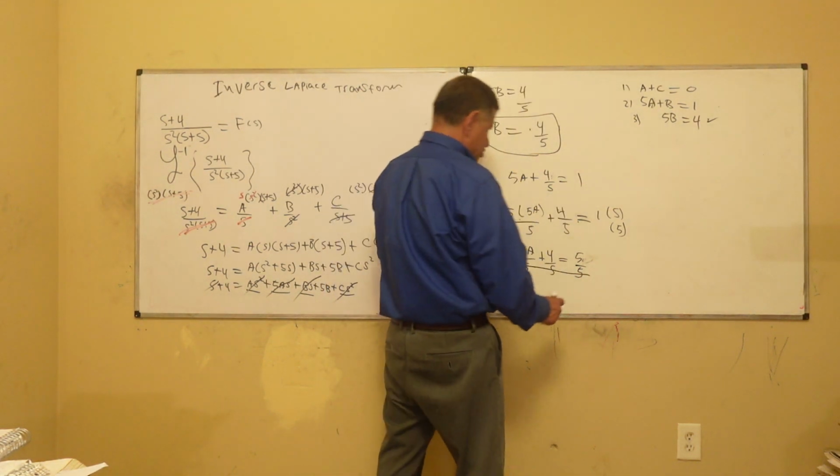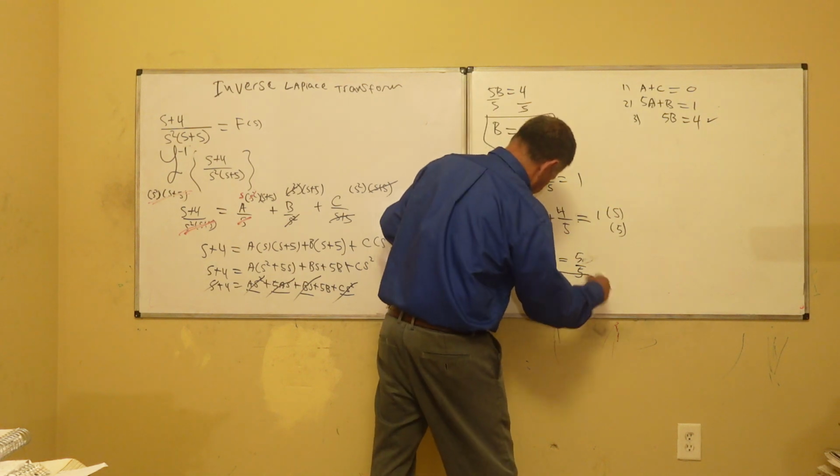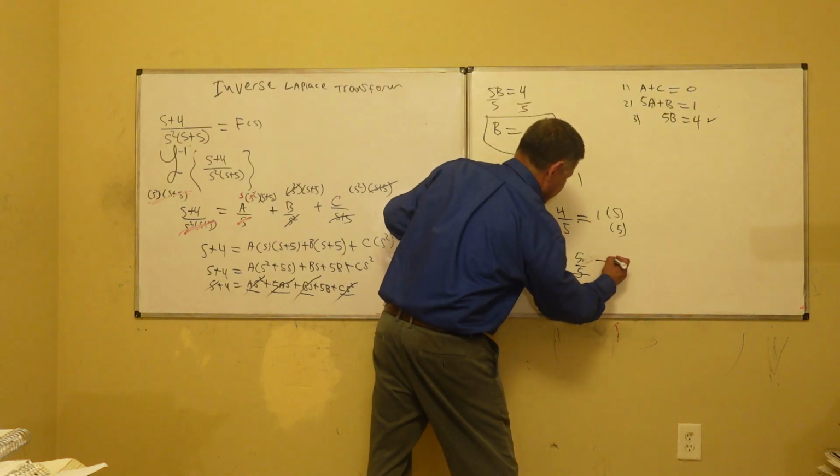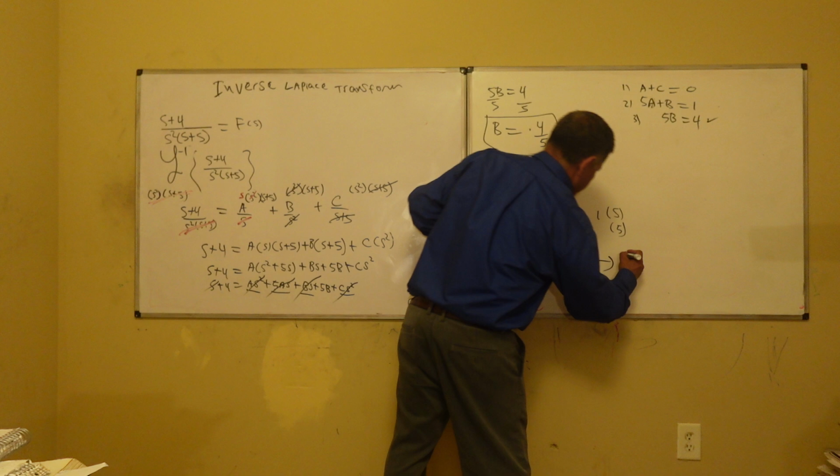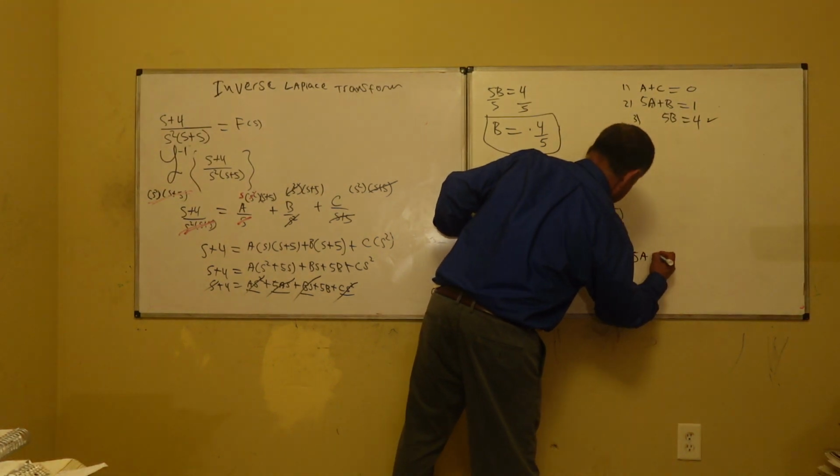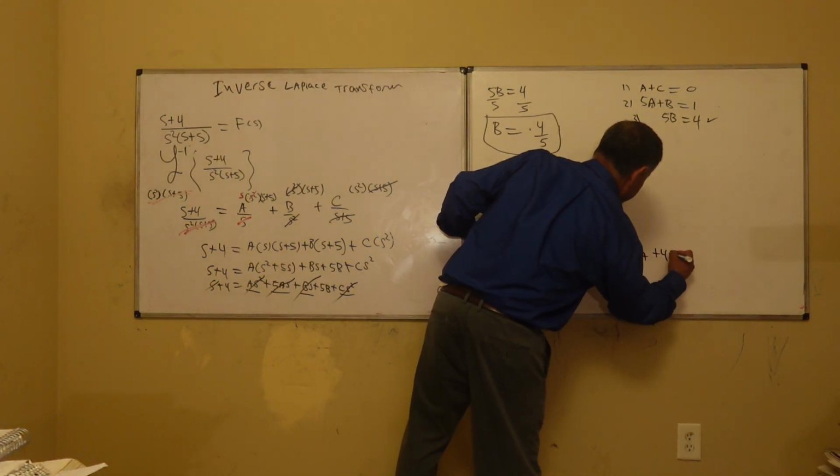Now once I get it like this, all I gotta do is go like this, whoop, gone, right? So now what do I have? I have just a linear equation, which is 25a plus 4 is equal to 5.